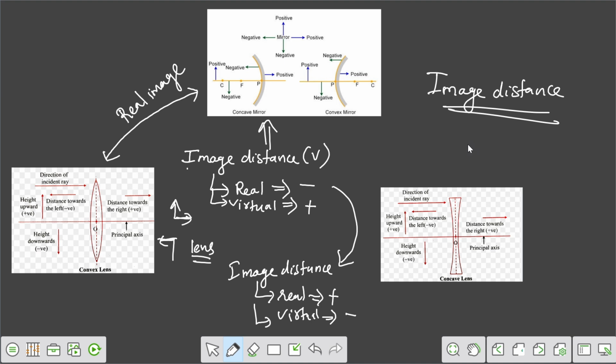And all other quantities like object distance, object height, image height, magnification are same for both mirrors and lenses. That's quite interesting, right? The only thing that changes is image distance. Rest all quantities are same in all four cases, both mirrors and both lenses. That makes it a little bit easier, right?